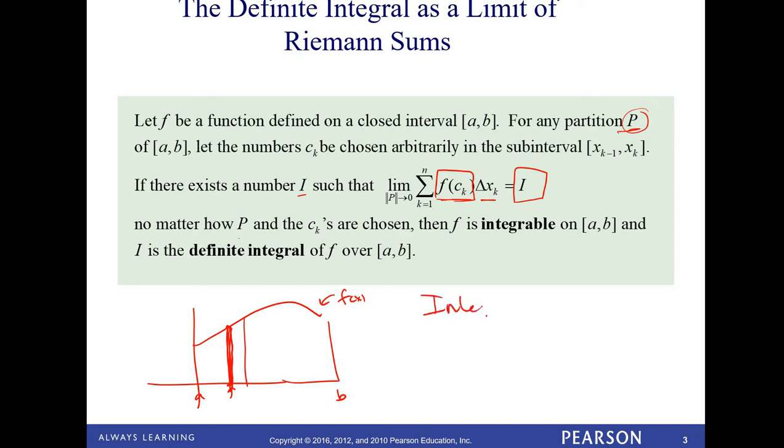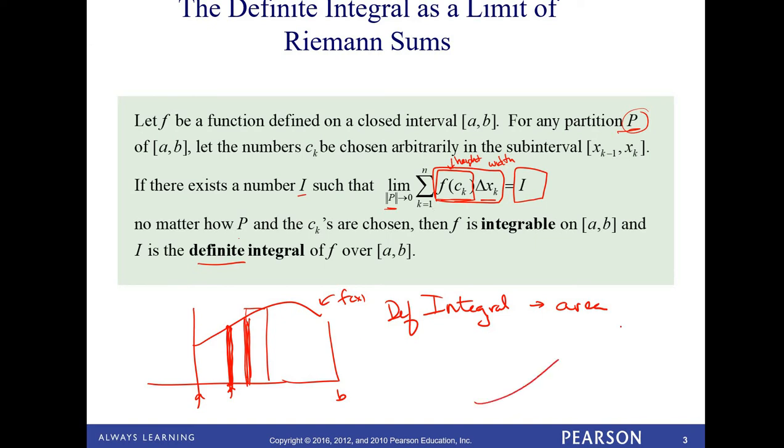The integral, and in this case it's a definite integral, we'll talk about indefinite integrals later. The definite integral is equal to the area. So our Riemann sums give us an approximation. If I take the limit of the sum of all my rectangles, that's my height times my width, as these intervals get skinnier and skinnier and skinnier, then I'm finding an integral.